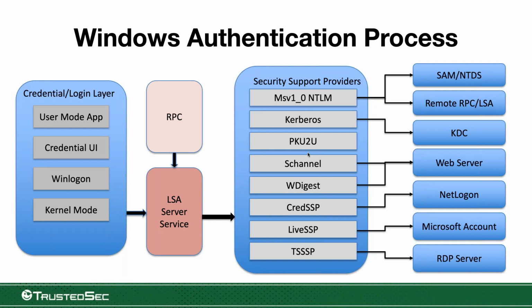And many times what we're going to see, going a bit deeper here, is that if you're using TSSSP, S-channel is also being used at the same time. And depending on how you have configured RDP, your credentials may be in S-channel, CredSSP, and TSSSP, because RDP can actually run over TLS.